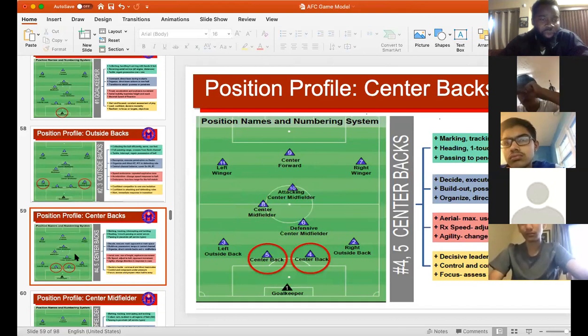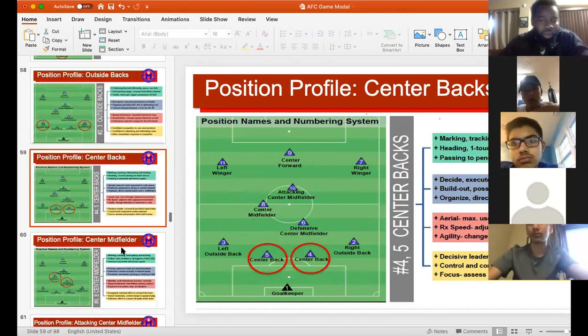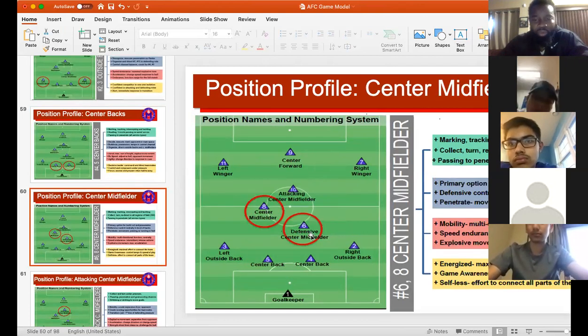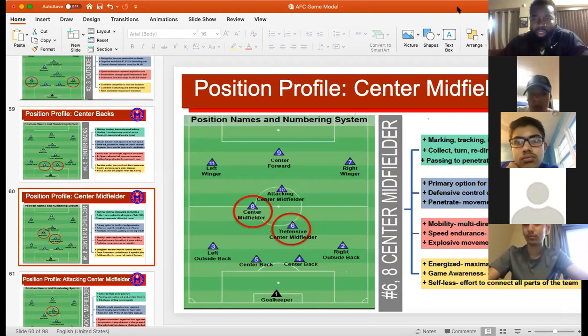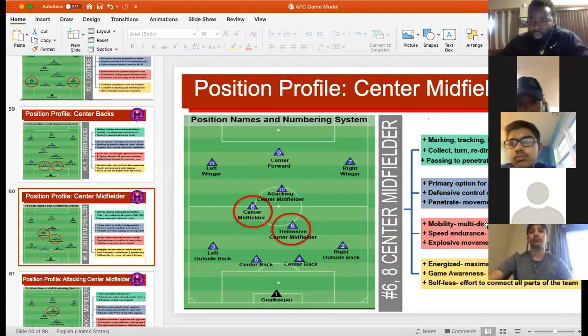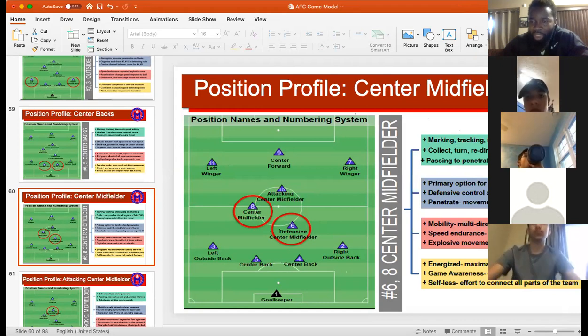So if you get over here, that's your center back. For center midfield, your 6 and your 8, these are the profiles as well. As a 6 and an 8, you need to have these things: mobility, multi-directional, box-to-box, central, speed, endurance, intense action, explosive movement, maximum acceleration.